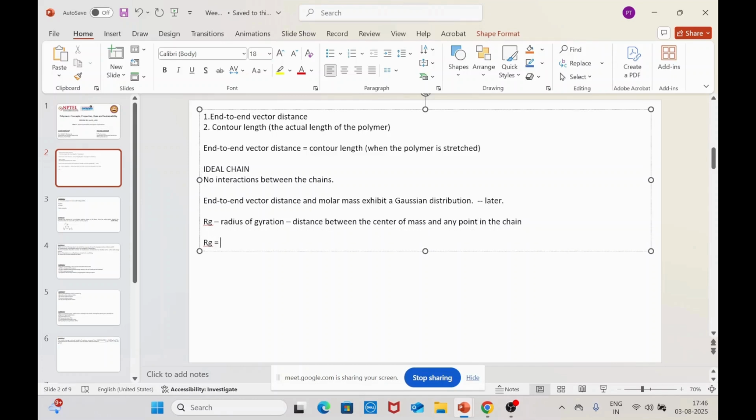And this RG square is given as R naught square by 6.